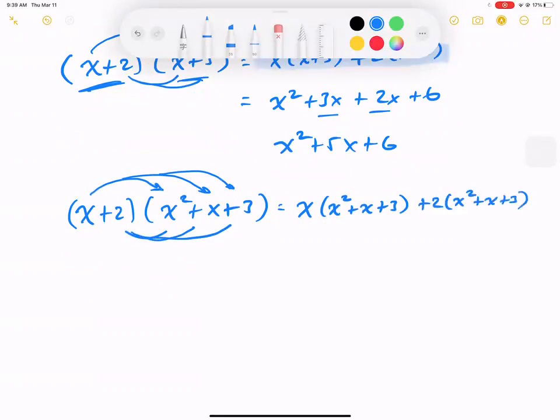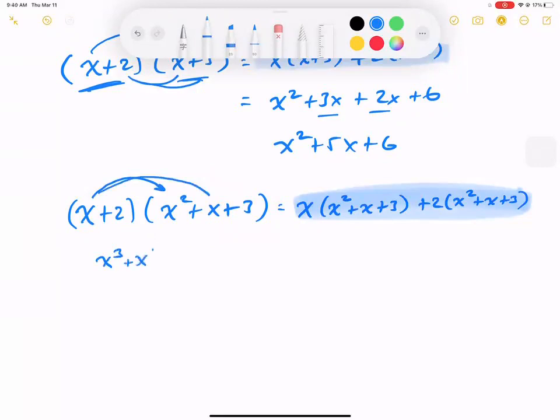Now again, you don't have to write this here. This is just what's going on in my brain. But let's see what practically happens. Let me erase this again and show you guys the steps at which we're doing this. X times x squared is x cubed. X times x is x squared, plus x squared.